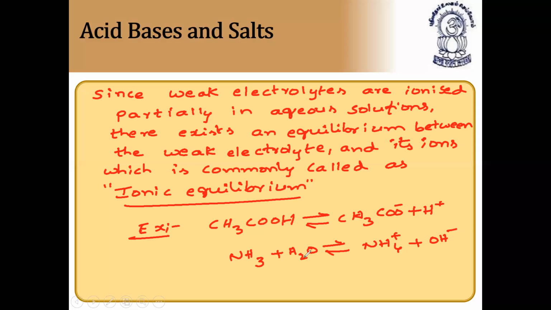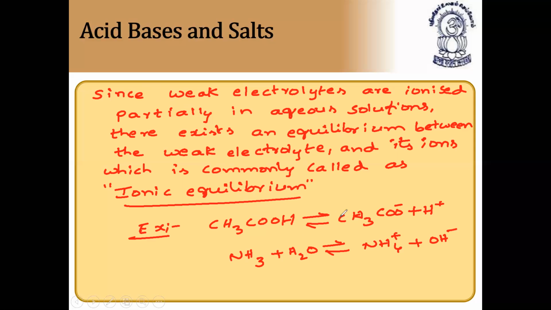So there exists an equilibrium between these, and this is called ionic equilibrium. Very, very important: since weak electrolytes are ionized partially in aqueous solutions, there exists an equilibrium between the weak electrolyte and its ions, which is commonly called ionic equilibrium.